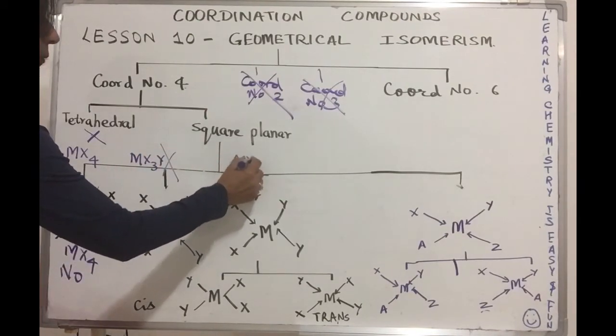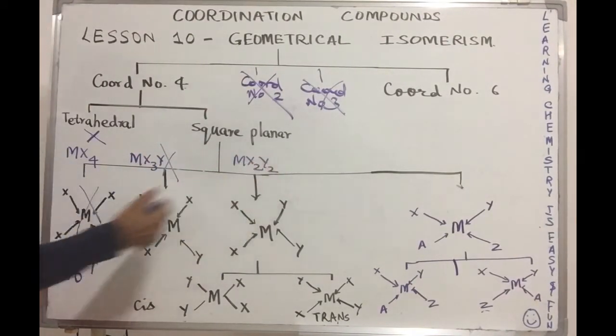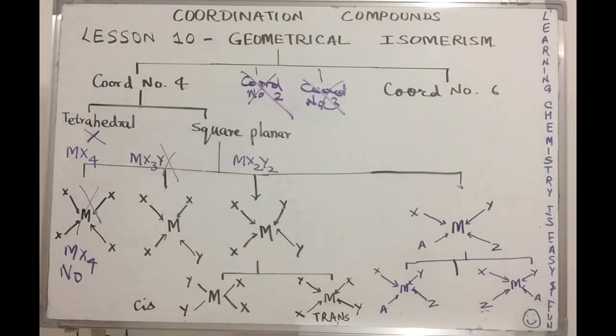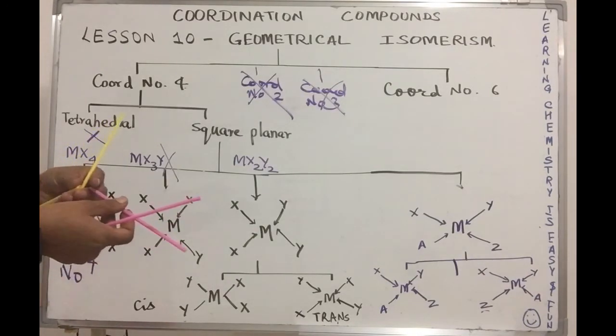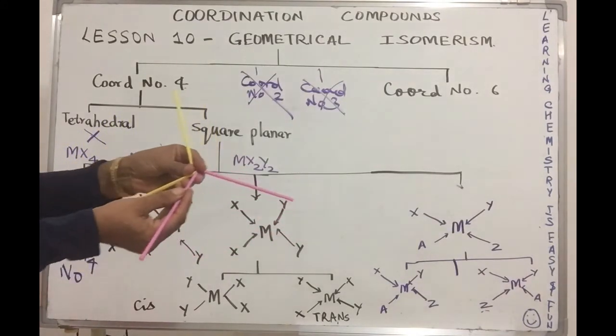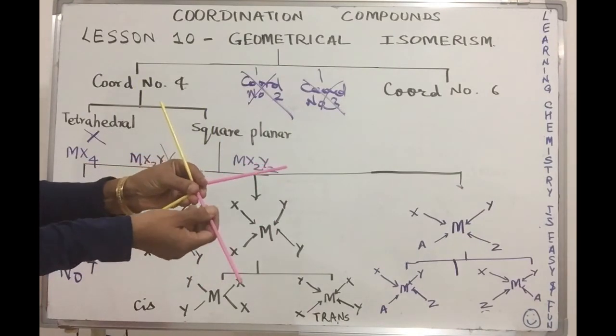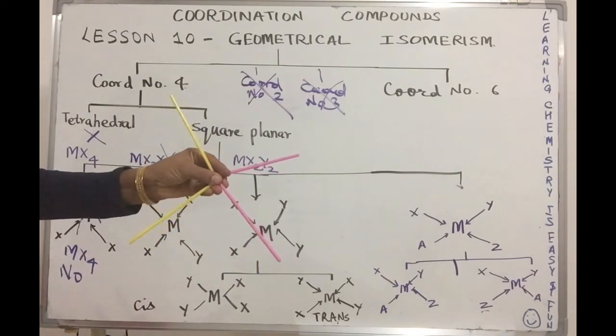MX2Y2, right? 2 ligands of one type and 2 ligands of the other type. Yes, you got it right. Even without looking at the chart, if the concept is clear, this should make sense to you. Now just hold it like this.